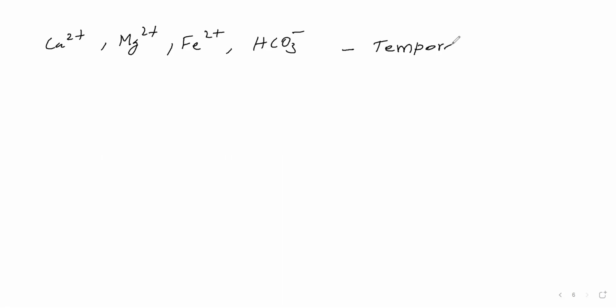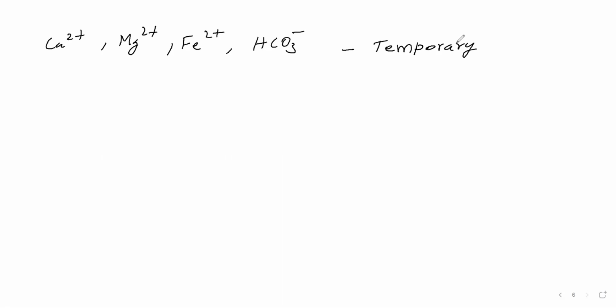One type is calcium salts, magnesium salts, ferrous salts, where the anion is bicarbonate. Cation is so and so, anion is this. If water is getting hardness due to these cations and anions, then we can call the water as having temporary hardness.